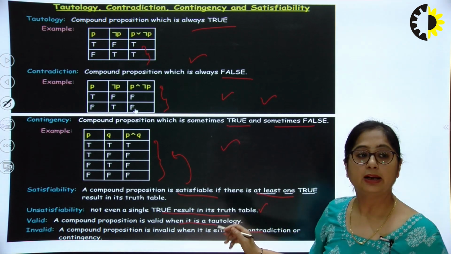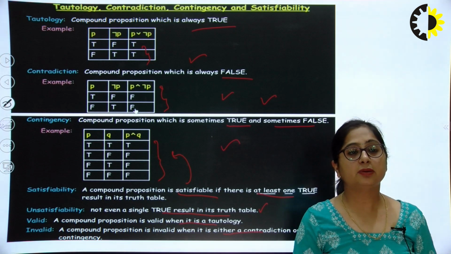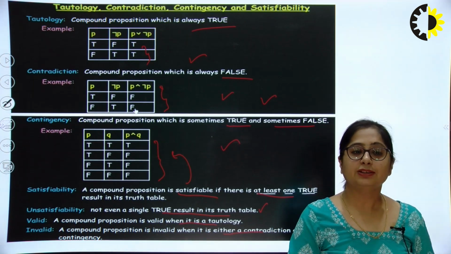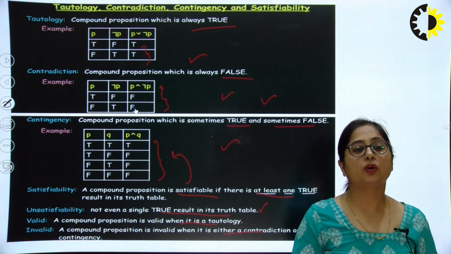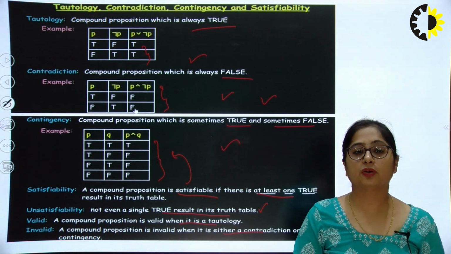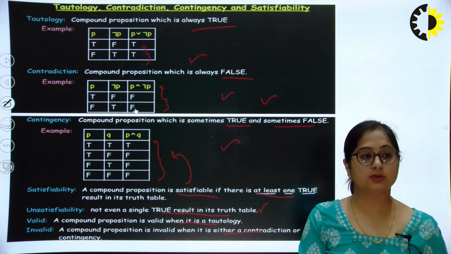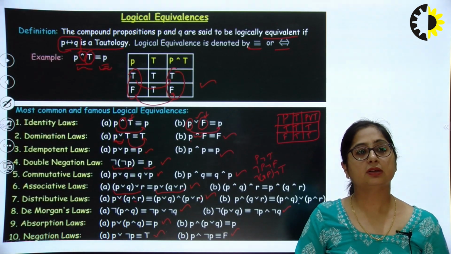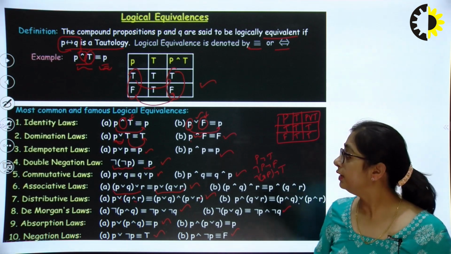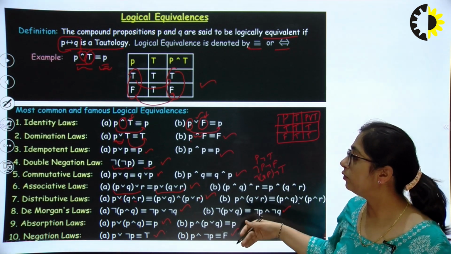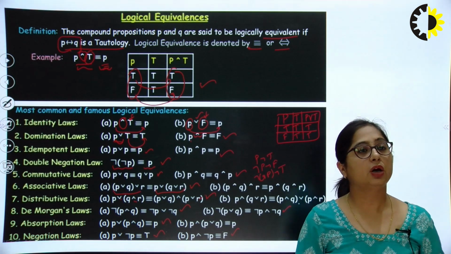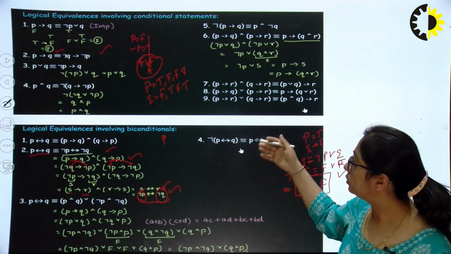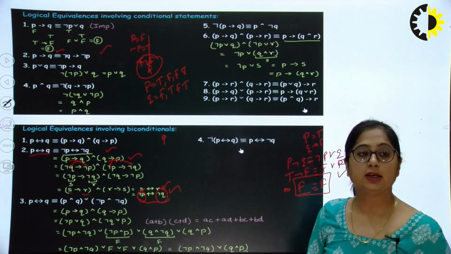A valid statement is one which is always true, and an invalid statement is one which is either a contradiction or a contingency in nature. So these are the logical equivalences, and these are the various laws based on which you find whether statements are logically equivalent or not. These are the various methods to solve logical equivalence.